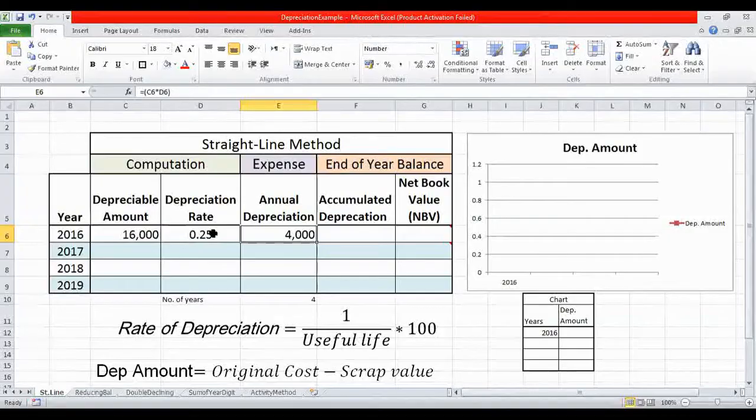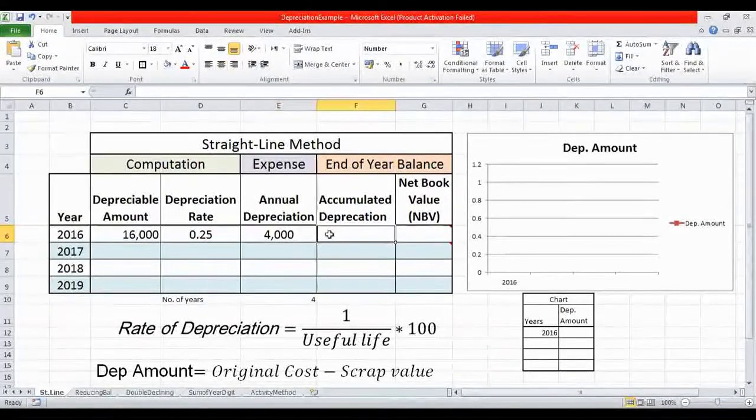When we buy this machine, we capitalize the cost of the machine in our balance sheet, and in year 1 we take out 4,000 from our total cost of 18,000 and record it in the balance sheet. This is the annual depreciation for this year only, 2016.